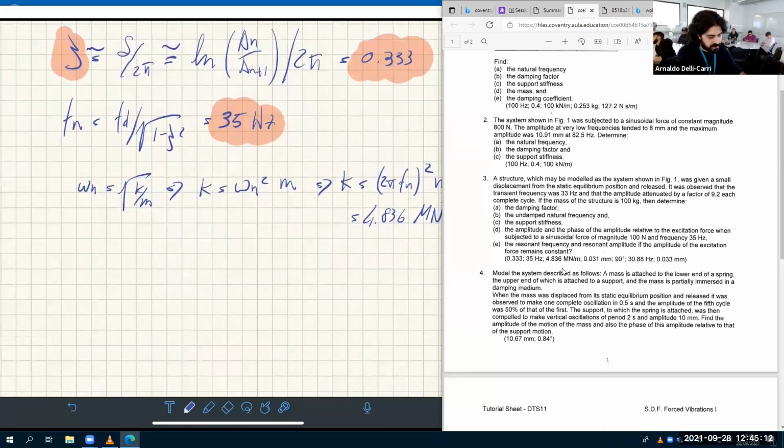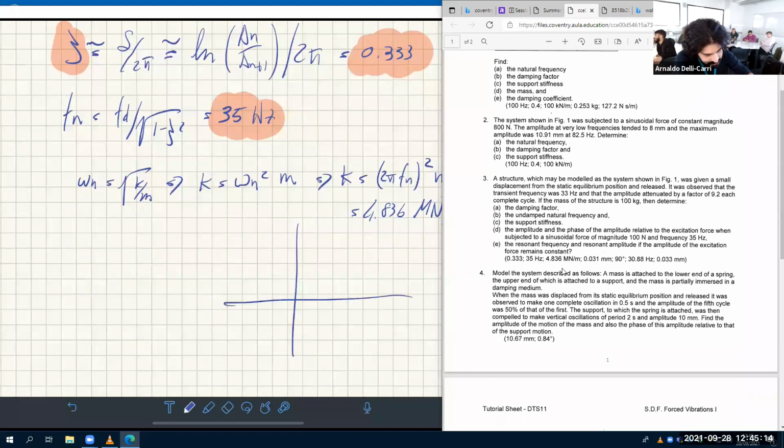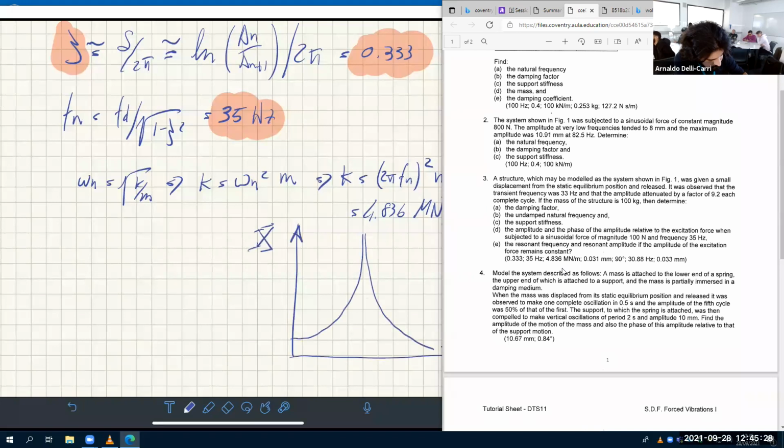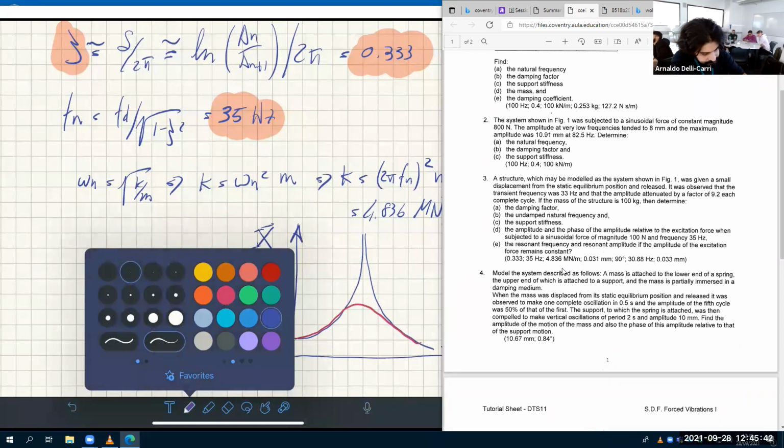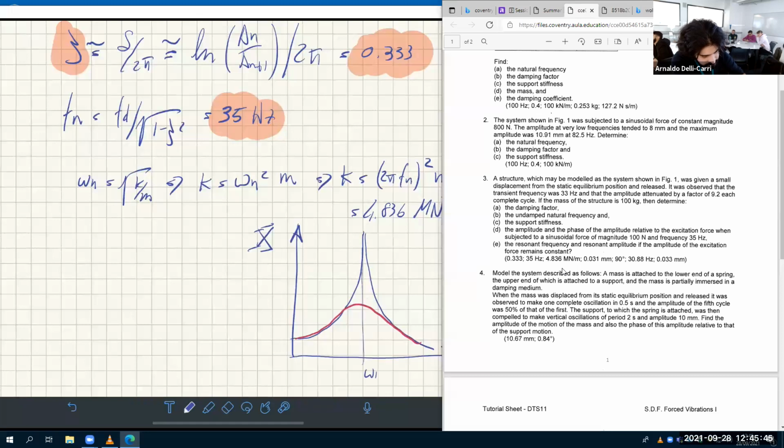Look, if I look at this frequency response function, okay, so this is omega n, and this is omega r. Agreed with me?